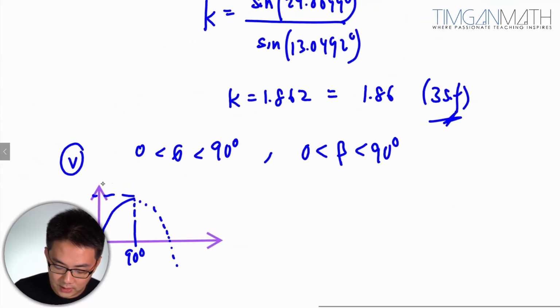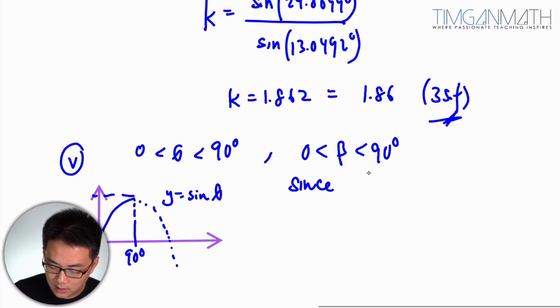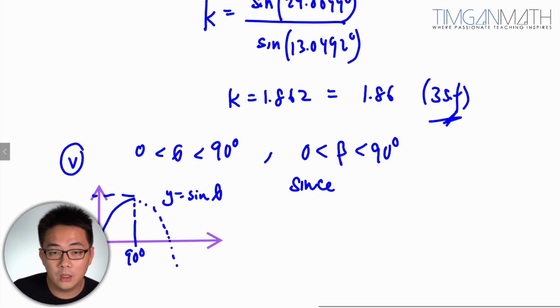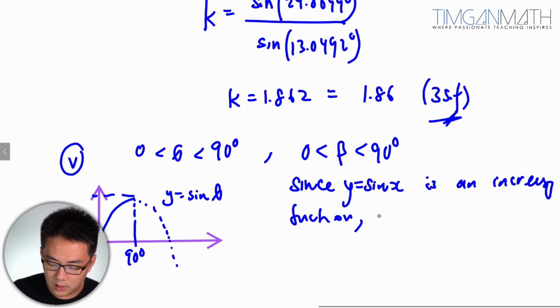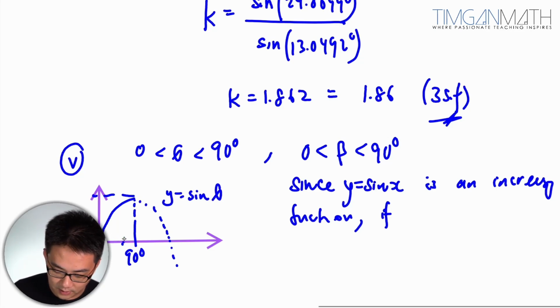If this is y equals sine x, since sine x is an increasing function, if beta is bigger than theta, you know that sine theta will be smaller, and it only happens when it's like that.